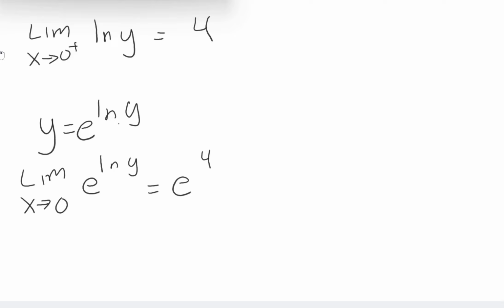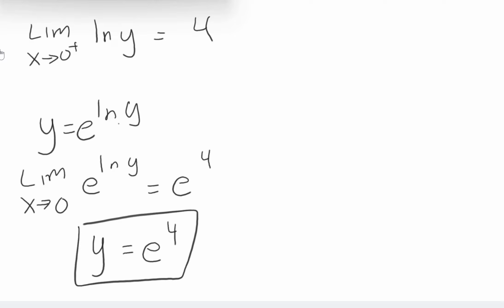So since this is the limit as x goes to something and there's no x here, that is just y equals e to the 4th. We basically got rid of the ln by raising both sides to e.